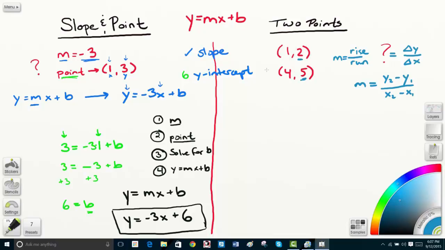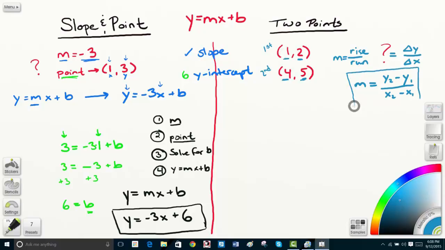So if this is what we'll call the first point, and this is what we'll call the second point, I could find the rise of the slope here by taking 5 minus 2. And I could find the run, or the change in the x's, by taking the second x and subtracting the first x. So that's what this formula means.